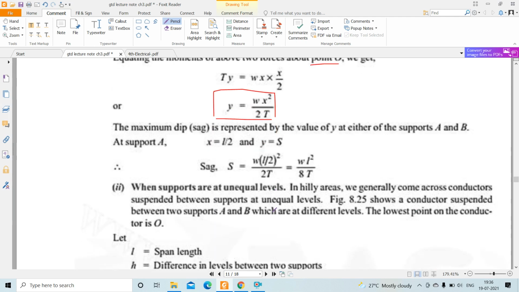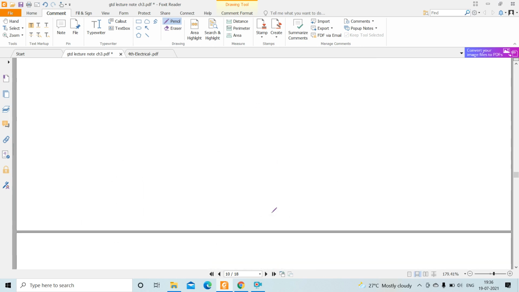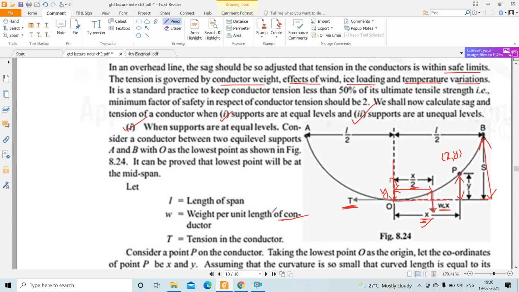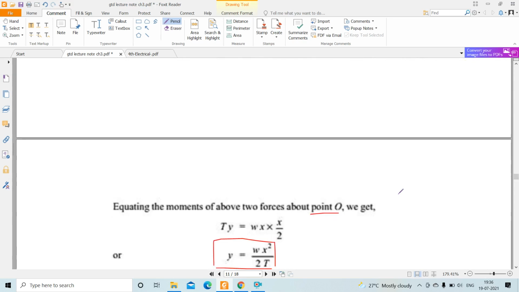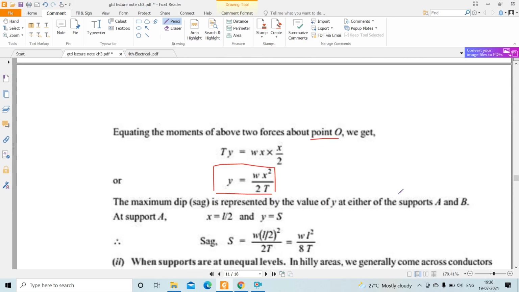The maximum dip is represented by the value of y at either of the supports A and B. Here y is at point O, and Wx square by 2T is the value of y.